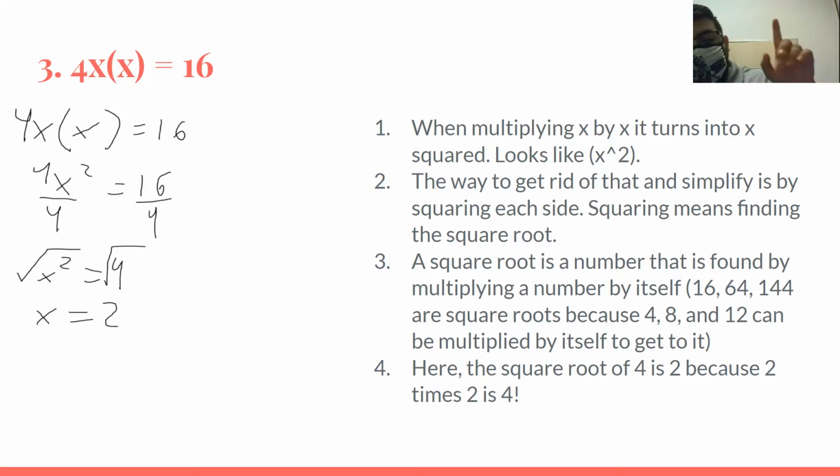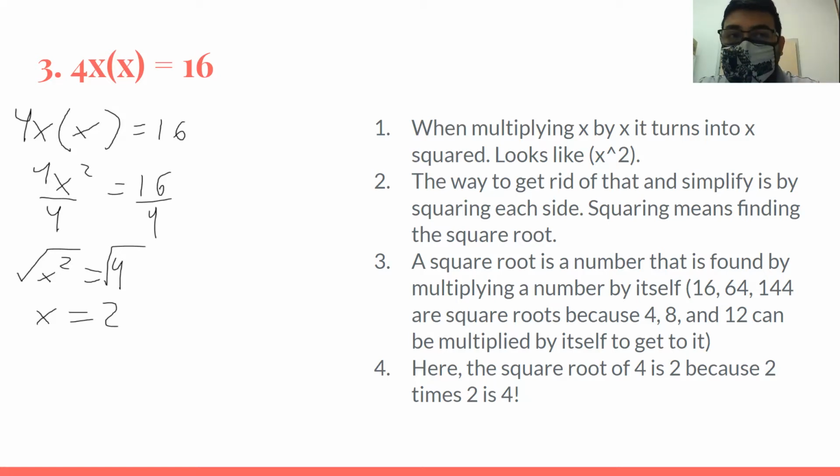So 2 times 2 equals 4. So the square root of 4 is 2. Okay, it is a little bit confusing. It can be a lot to deal with, but anything times itself is a square.